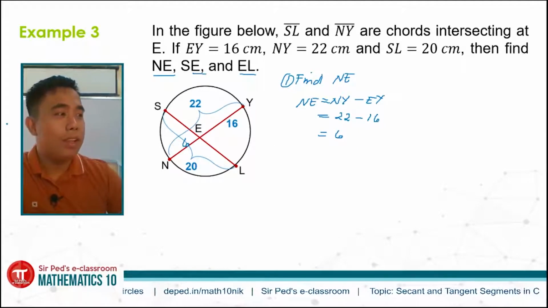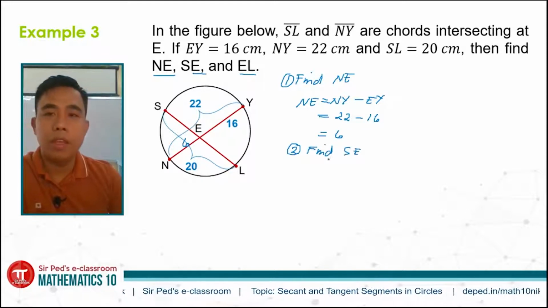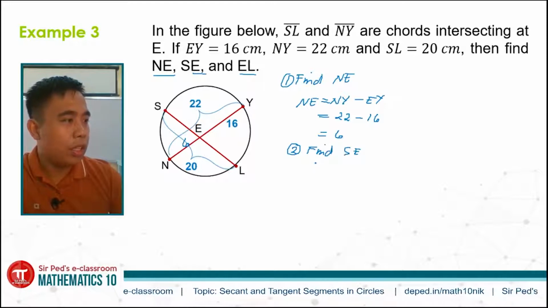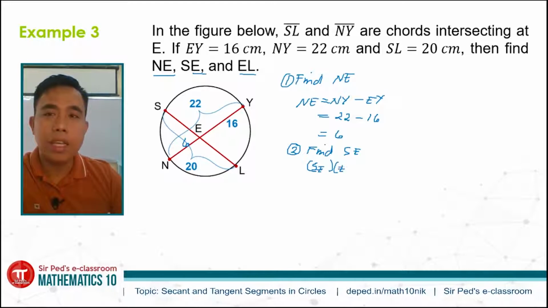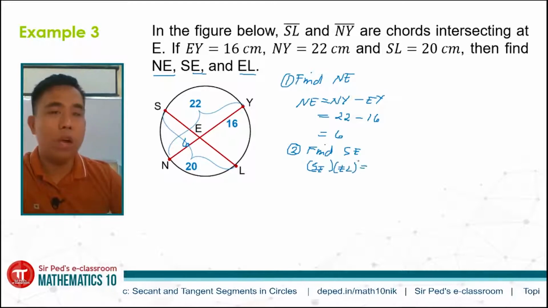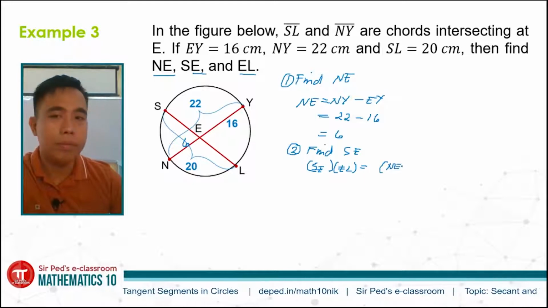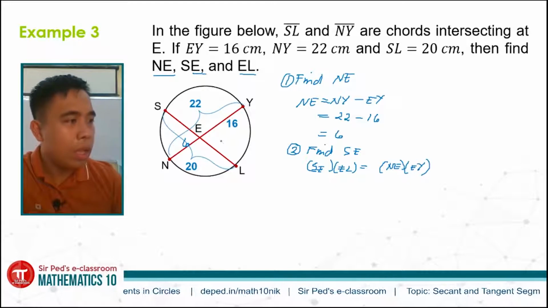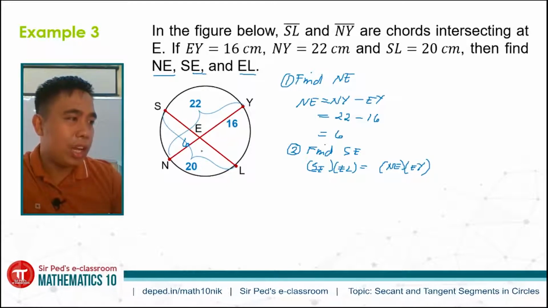And now, let us find SE. Find SE. So, we use the relation SE times EL is equal to NE times EY. Because EL and SE are unknown.